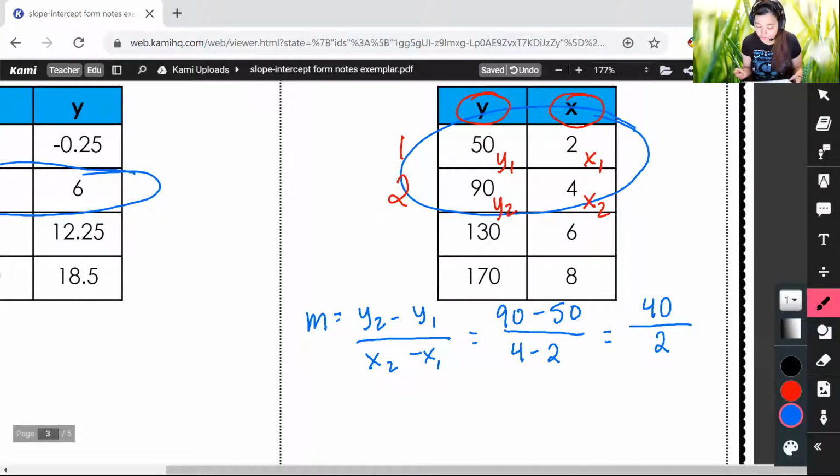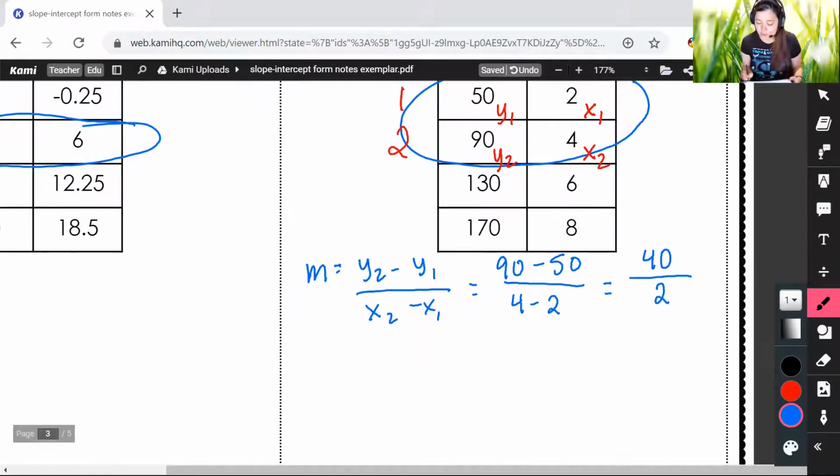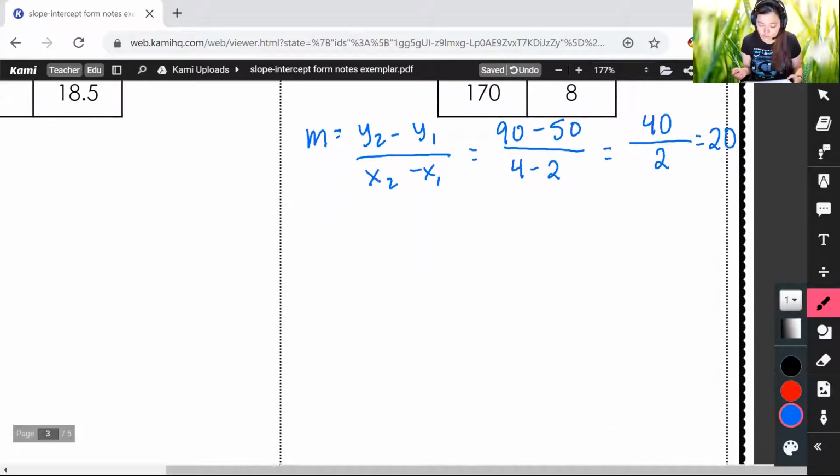I almost wrote 20. That's not right. Now we have 40 divided by 2, which is 20, right? So we have our slope.